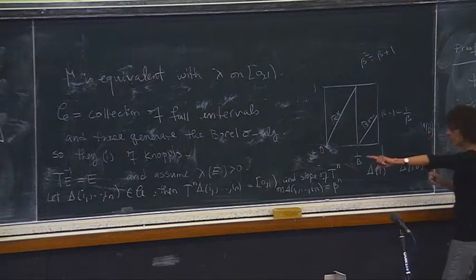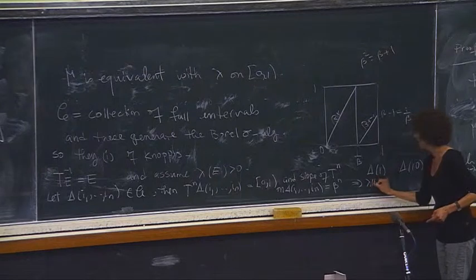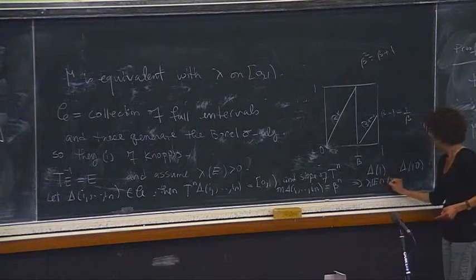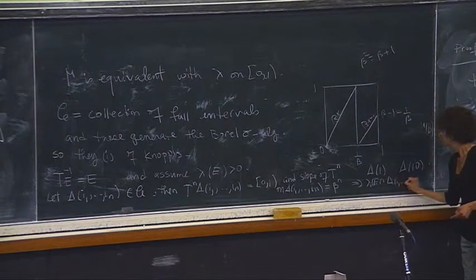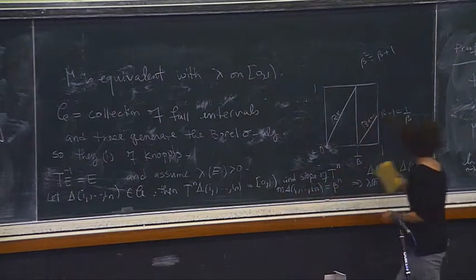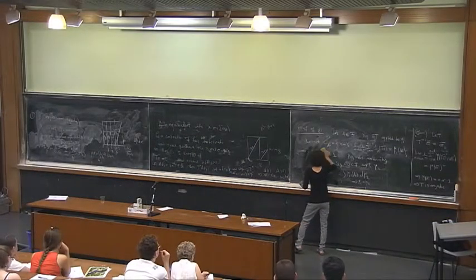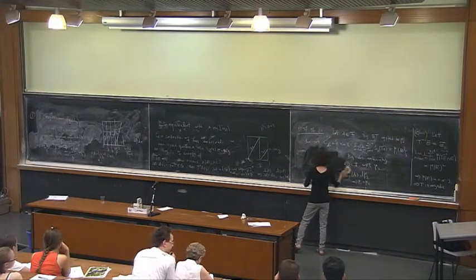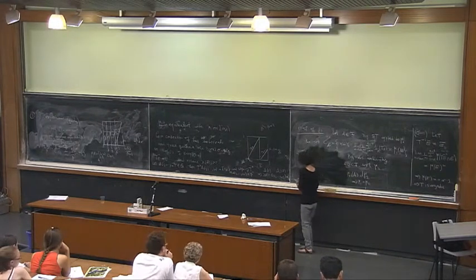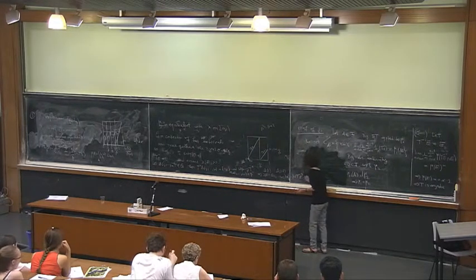So you take a set E, you move it down, and you end up with the same conclusion, that lambda of E intersected with this delta, where I replace E by T^{-n}E, and so on. This is just the same thing again. Yes, I'm repeating myself. So I do T^{-n}E intersected with delta, and the same conclusion as before.